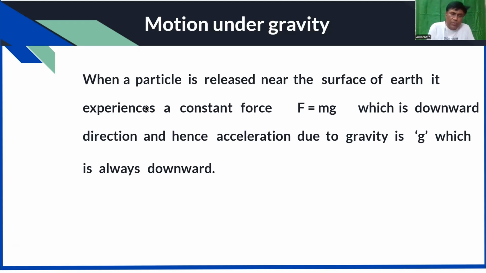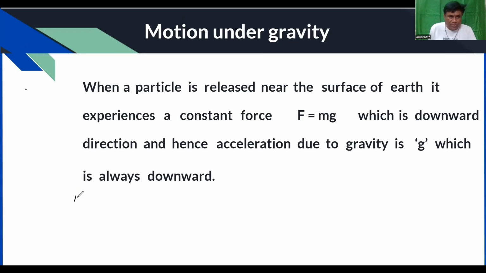So what will be the equation of motion? Equations of motion are valid only for constant acceleration. So here also it is constant acceleration, so the equations of motion will definitely be valid.